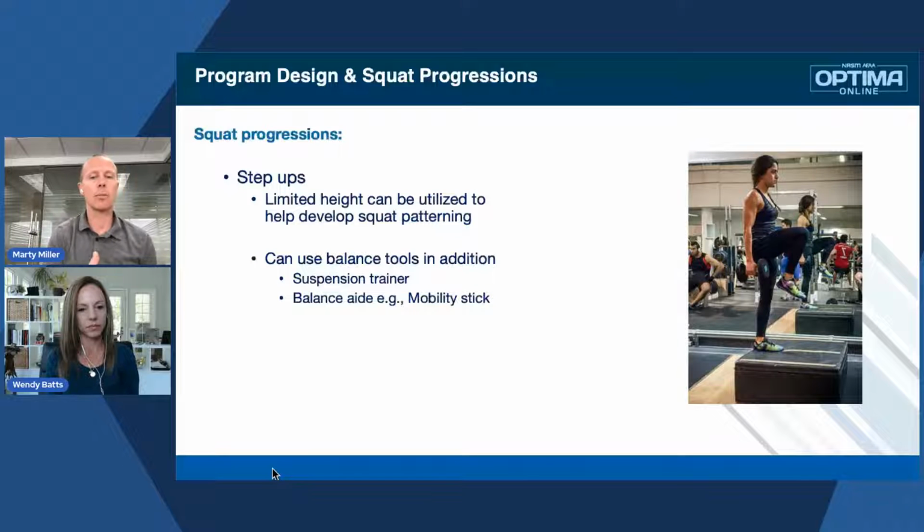One of the issues was we didn't have wall space. So, okay, what do I do? I had suspension training, but what else could I do in getting someone to learn the triple flexion, triple extension? So I would use step ups. Normally I would always go squat to a step up, but you've got to adapt. A small step up, whether it's 6 inches or 8 inches, is still teaching that triple flexion, triple extension, still getting the same parallel lines. I love to start with a squat or the ball squat, but sometimes you've got to work with what you've got.